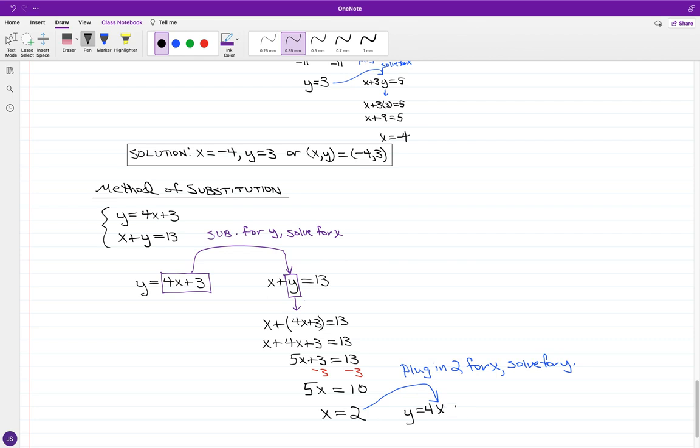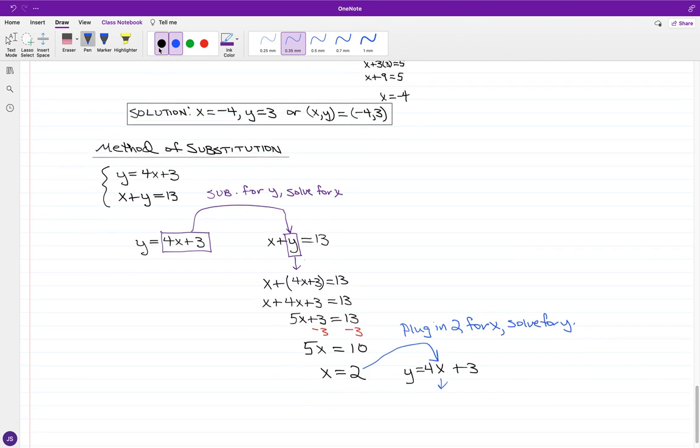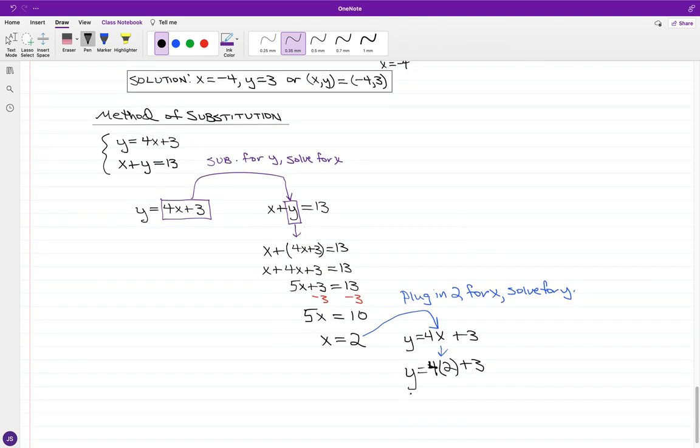So y is equal to 4x plus 3, so y is equal to 4 times 2 plus 3. Four times 2 is 8, and 8 plus 3 comes out to 11. So I have x at 2, y at 11.